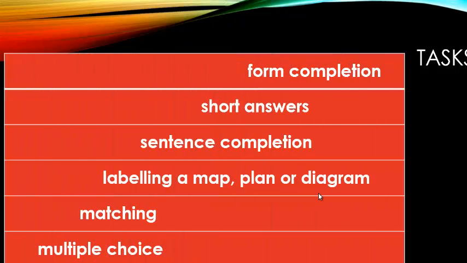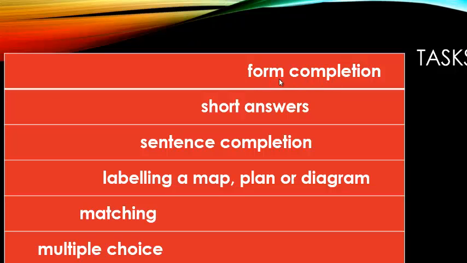So in order to test your understanding, there are tasks that you have to fulfill. You will not have all of these tasks in one test, okay? But you have to prepare yourself for them. So you might be asked to complete a form, okay?